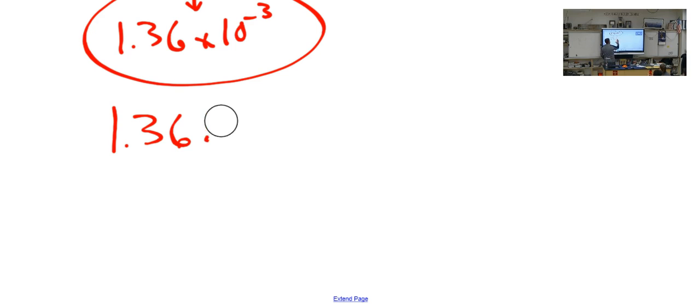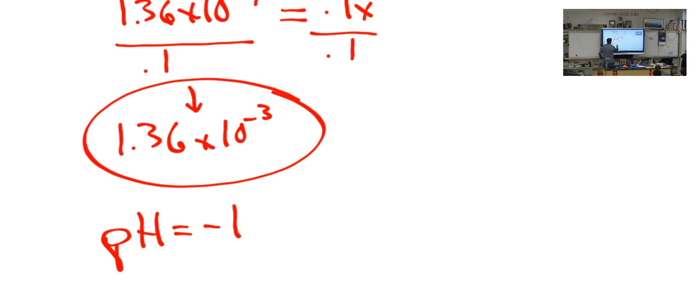Okay, so now this isn't really the answer I'm going to be looking for. I'm going to want to know the pH. So I take the negative log of this to find pH.